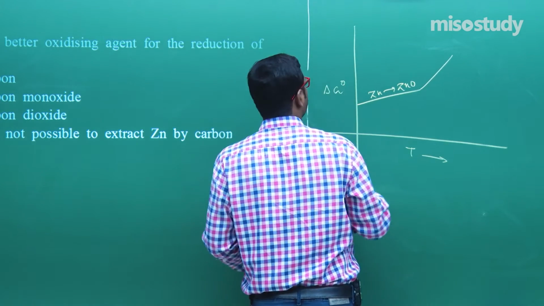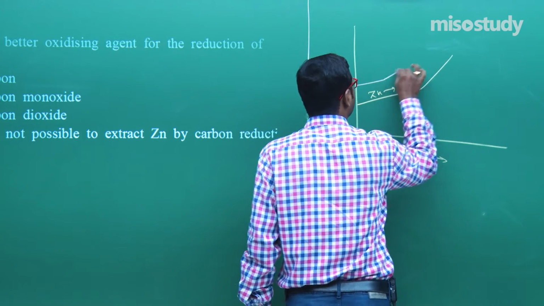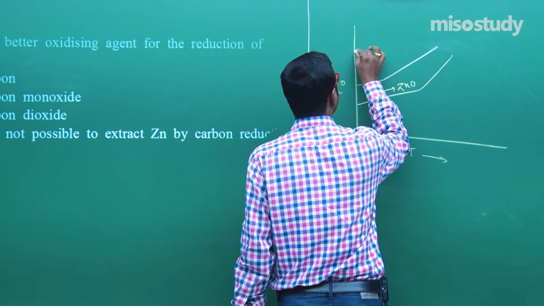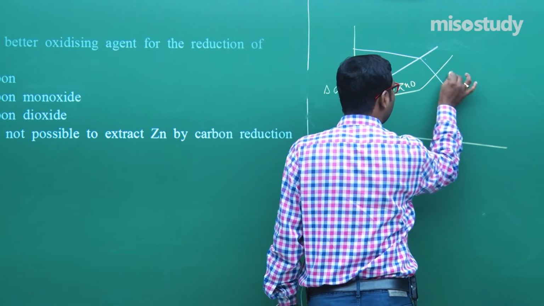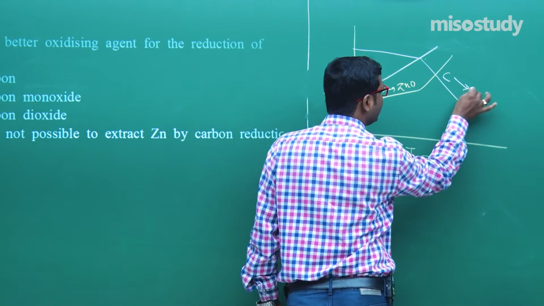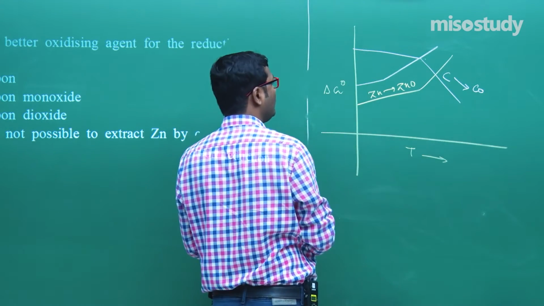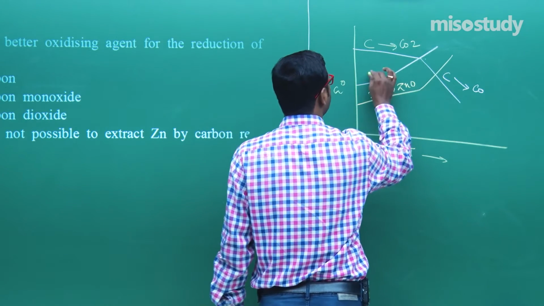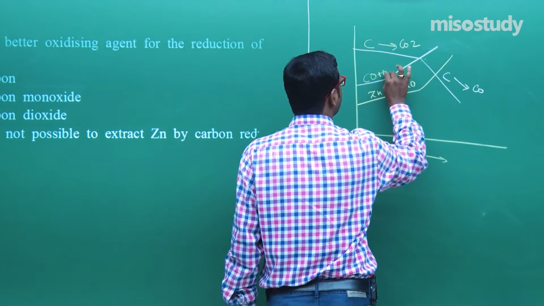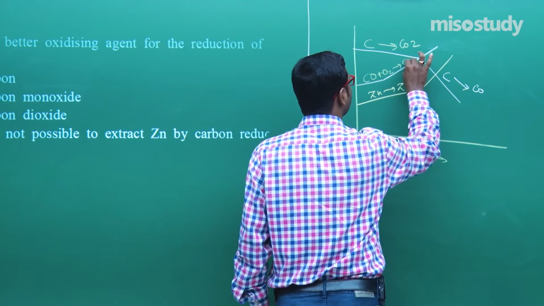Now this is the graph for CO and this is the graph for C which gives CO. Clear to you? Here C gives CO2, here CO plus O2 gives CO2.